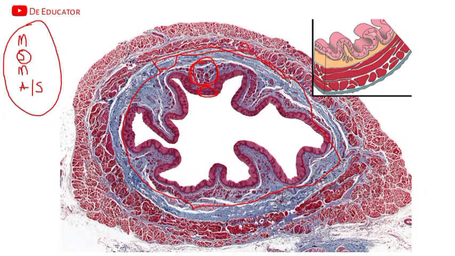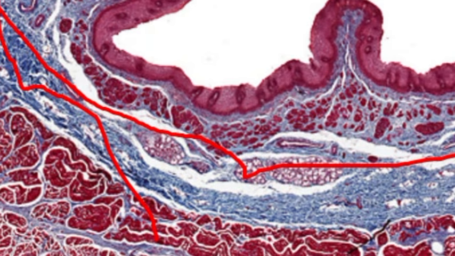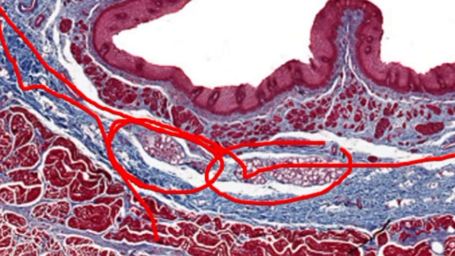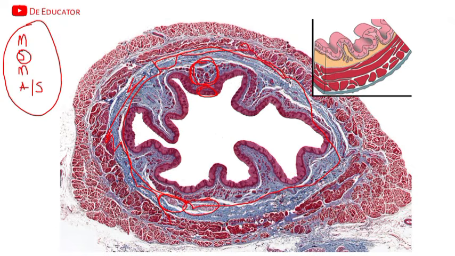If you look closely at the submucosa, you'll see some glands. Those are the esophageal glands. This is a gland. Then if you look at the structure here, this is another gland. Let's see if we can see any other gland. I'm not seeing any gland again.